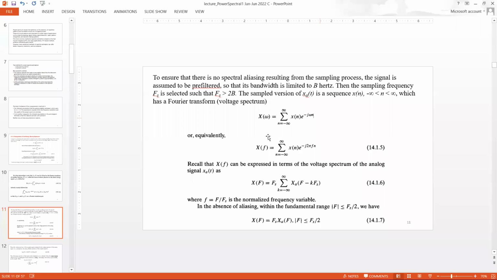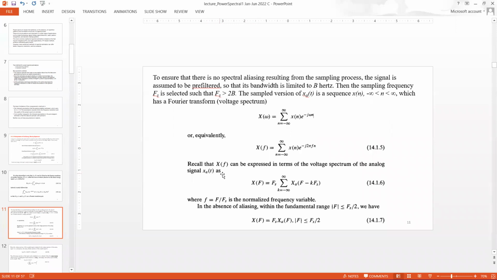See X(omega), we can write this Fourier transform in series form, or equivalently in terms of f. Here it is omega, and here is f. So instead of omega, what can we write? Two pi f.